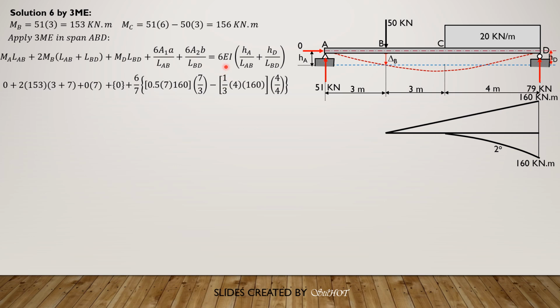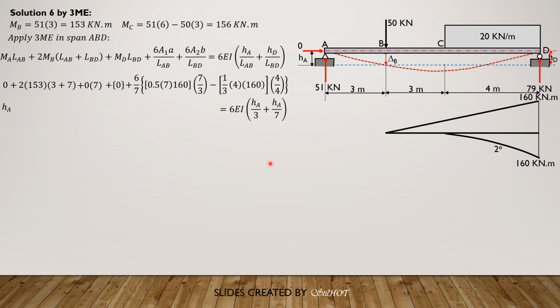Then this equals 6EI times (h_A over 3 plus h_A over 7), because h_A equals h_D, since they are reckoned from the horizontal line through B, and A and D are supports that do not move. So I replace h_D with h_A.